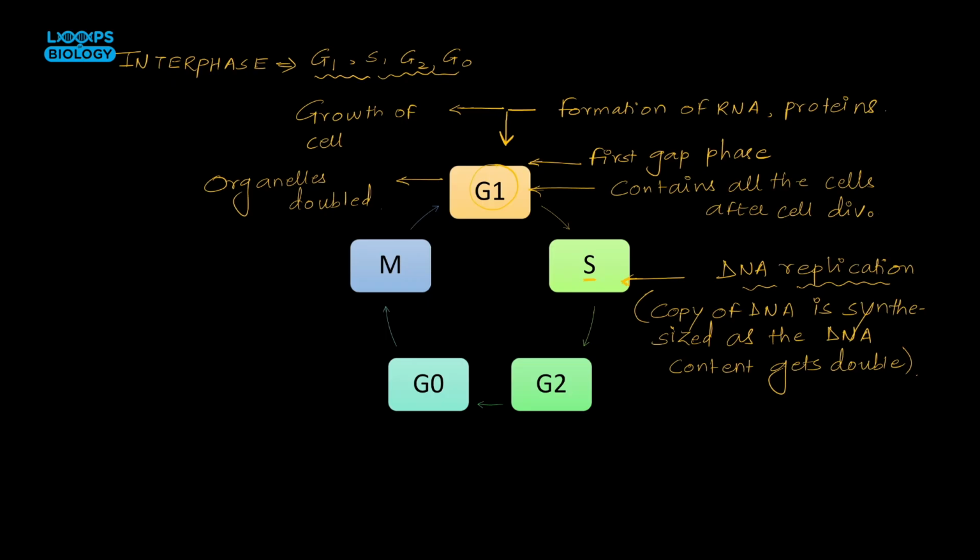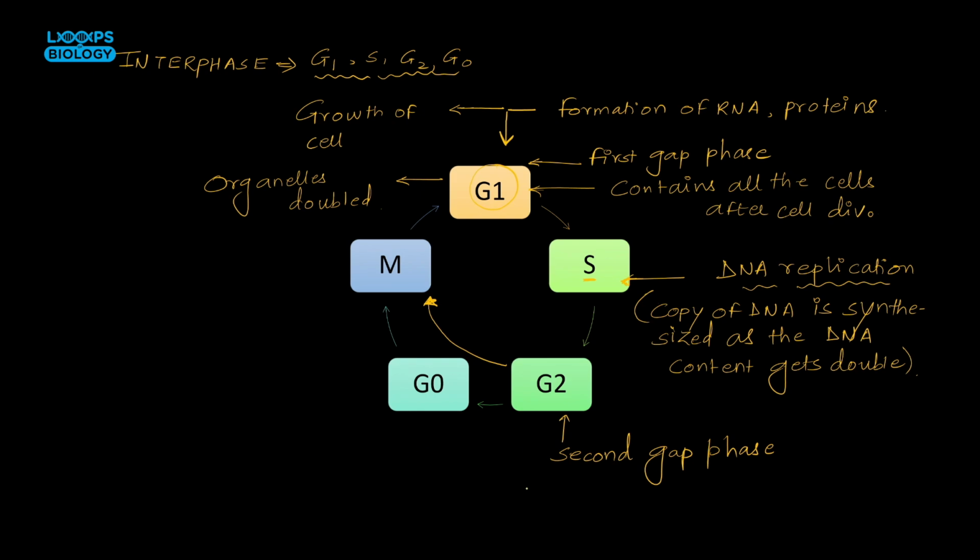Then moving on to the G2 phase, it is your second gap phase. This gap phase is correlated with your M phase. Whatever proteins are required for the M phase are basically synthesized inside the G2 phase.